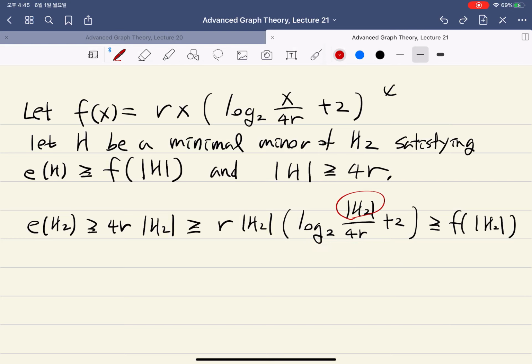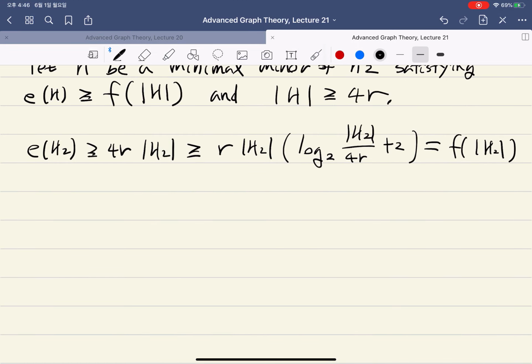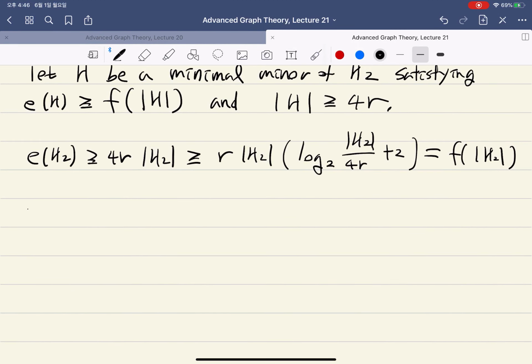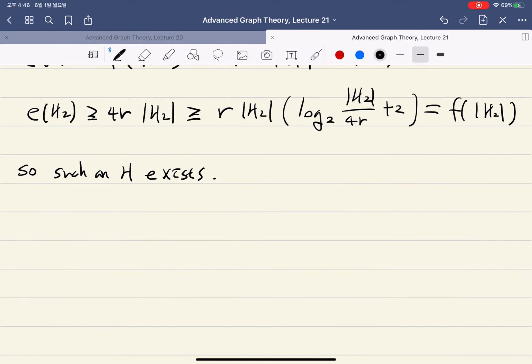So we get this inequality, and these two are actually the same. So H2 satisfies this condition, so such an H exists. And furthermore, we have that this H actually has more than 4R vertices as any H prime with 4R vertices.